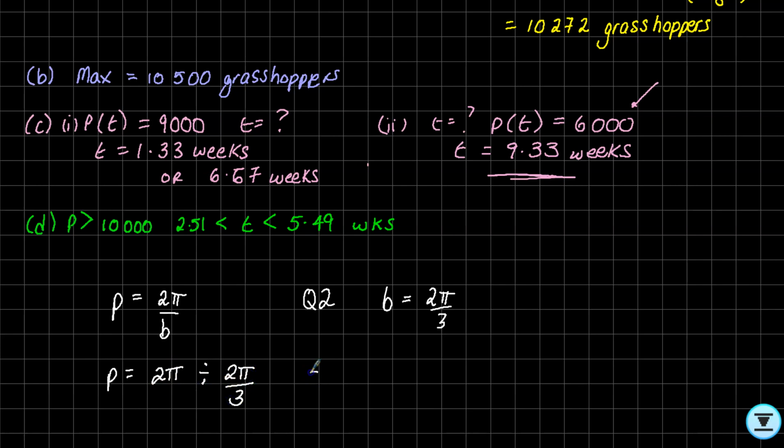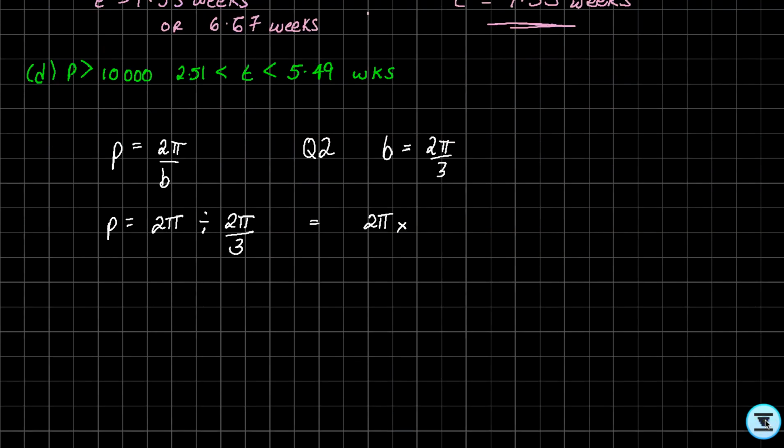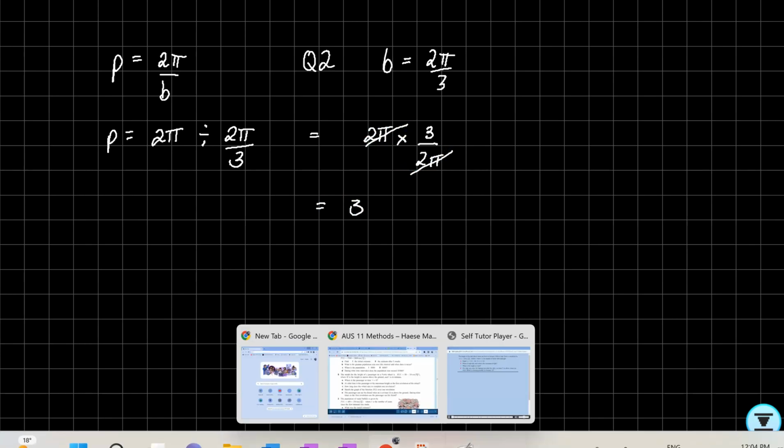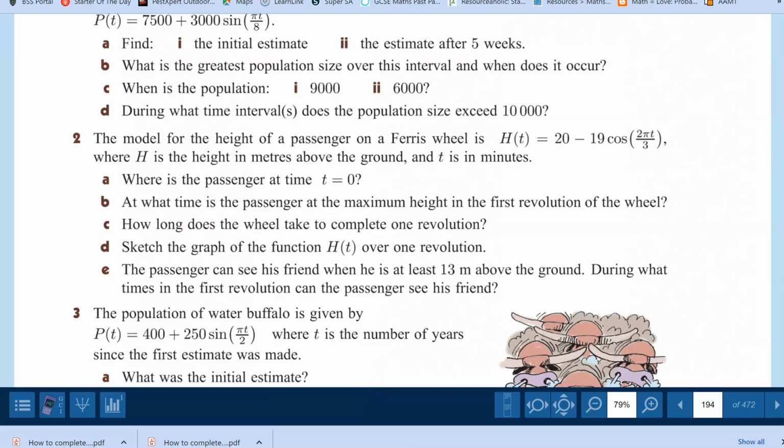You can use your calculator to work this out. I can't be stuffed going back to it, so I know fractions. Replace a divide with a times. Flip your fraction. So our period is actually 3. If we read the question again, it's going to take 3 minutes to complete one revolution of the Ferris wheel.